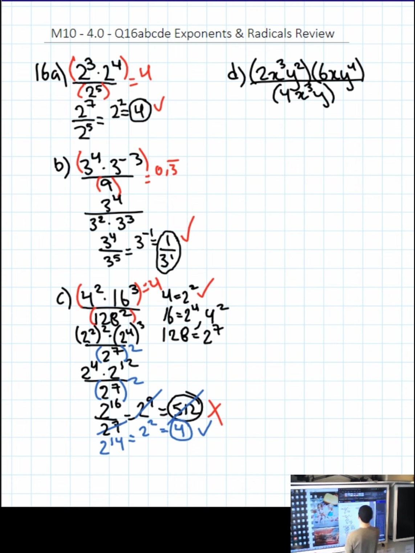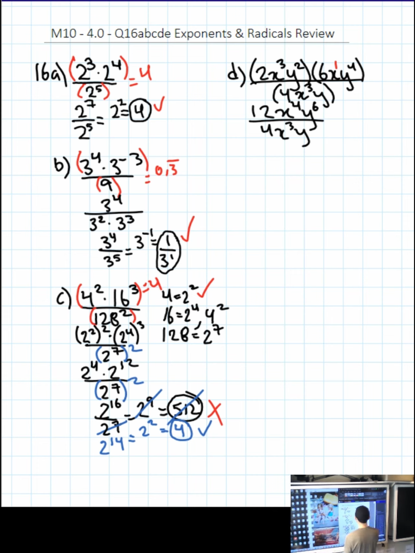So 2 times 6 is 12. Then I'm going to give the exponent of x in the second set of brackets a 1. I'm going to add the exponents of the x's. X cubed times x to the 1 is x to the 4. Then we're going to get y to that. 2 plus 4 is 6. Over the same thing, we haven't touched it.